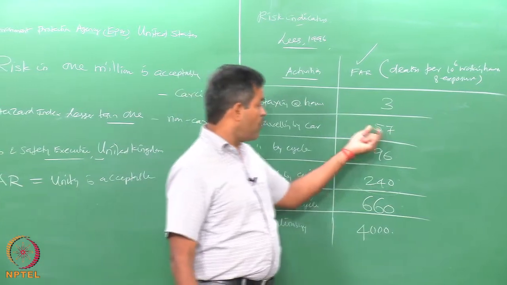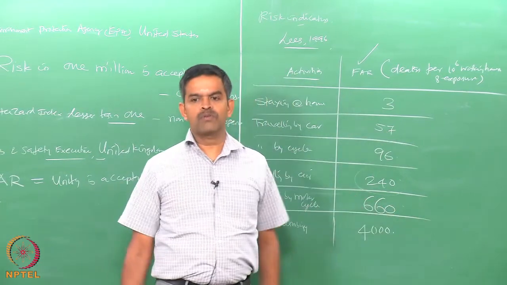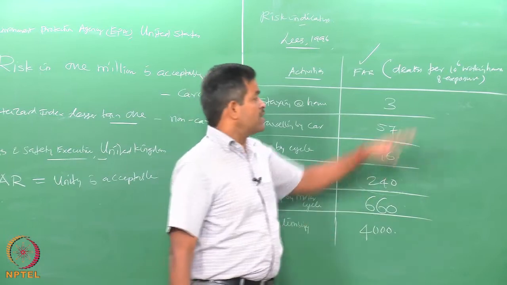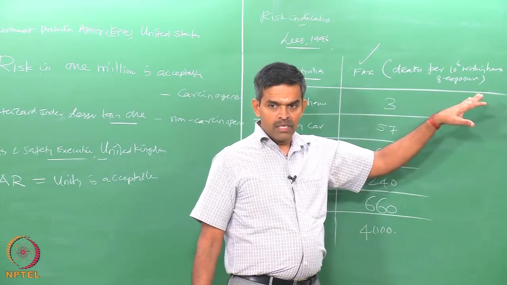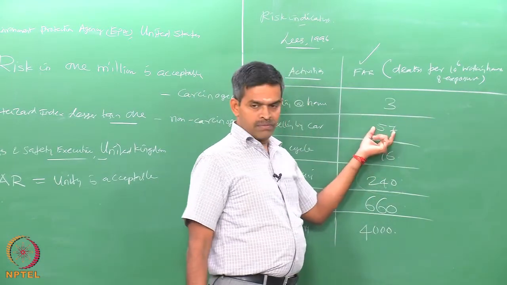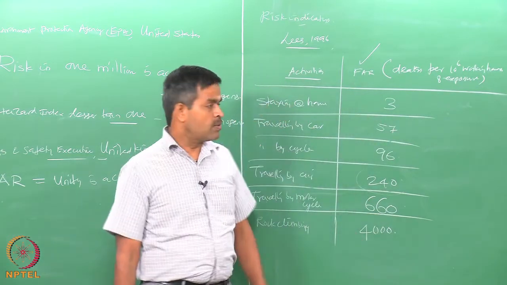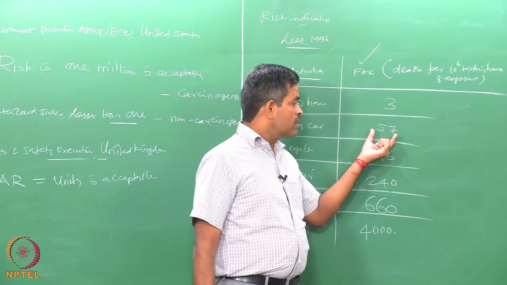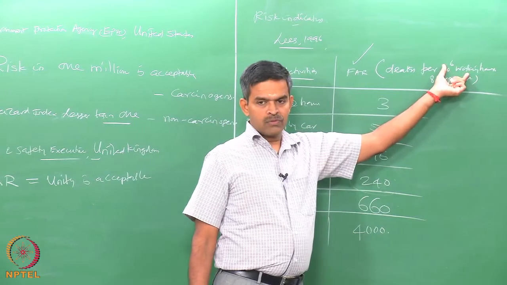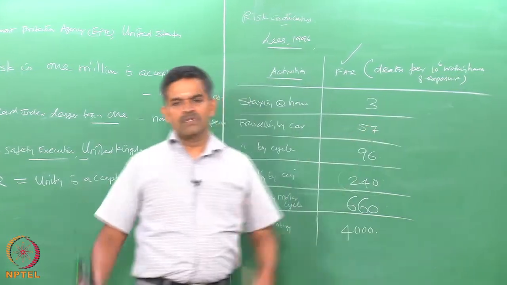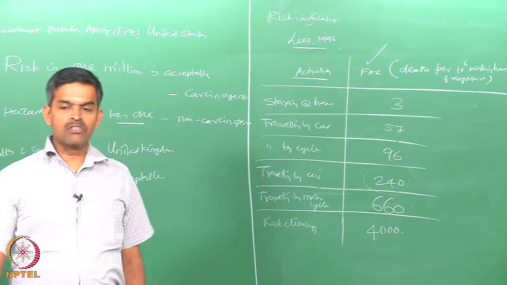But since you are exposed for a longer duration, maybe 20 or 24 hours, even though your FIR may be lower depending upon the statistics in this table, your risk exposure is much larger. So, that is how it has to be defined.